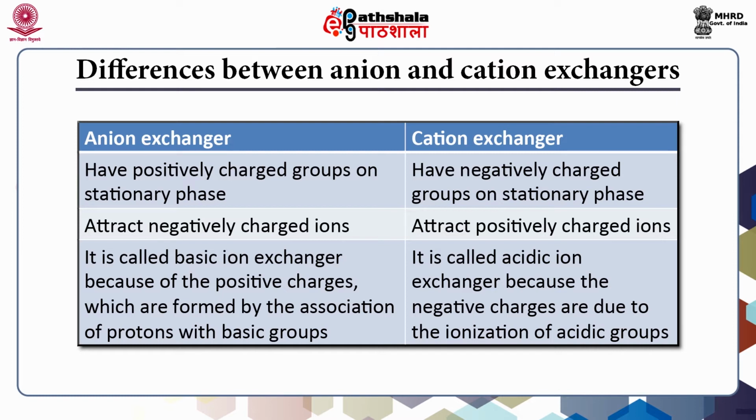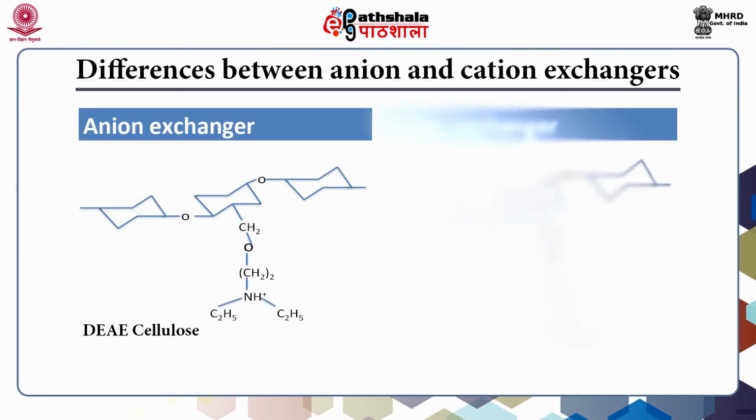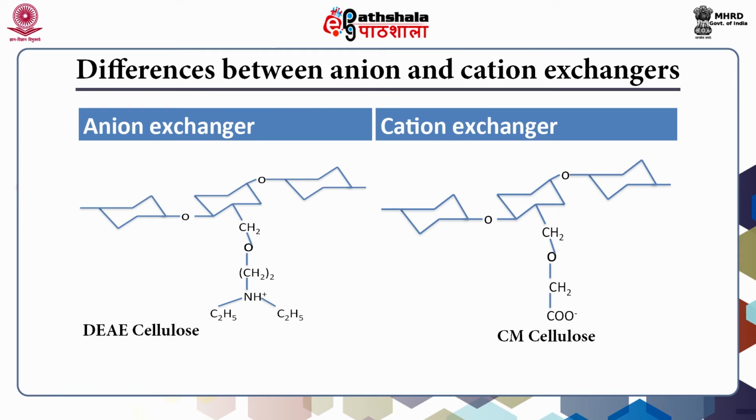We can see the examples of anion exchanger and cation exchanger. DEAE cellulose is considered as one of the best examples for anion exchanger. As we just now discussed, in an anion exchanger there is a positive charge on its surface.